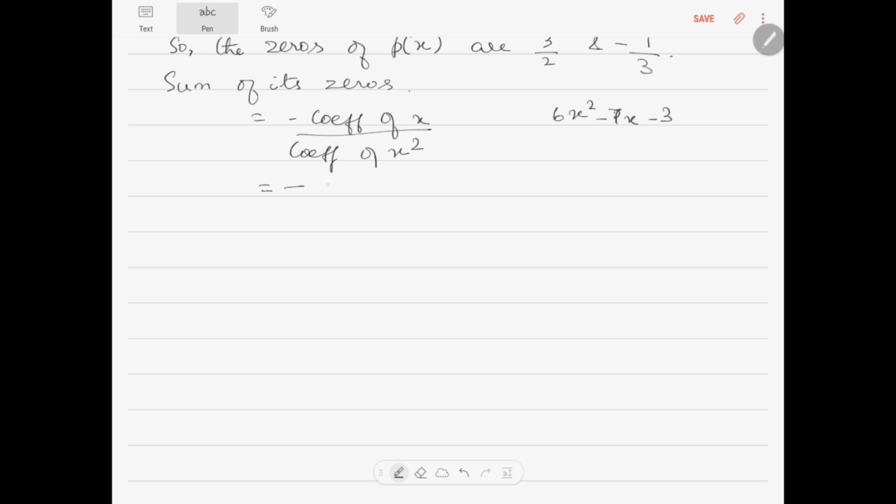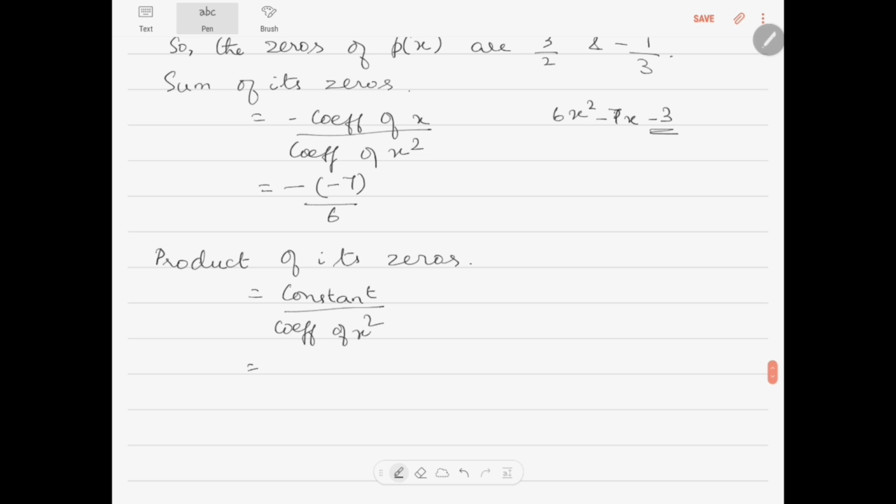Here minus of the coefficient of x, minus of minus 7, divided by coefficient of x square, which is 6. Finding the product of its zeros, which will be equal to constant divided by coefficient of x square, which is equal to, here constant is minus 3, so minus 3 by 6.